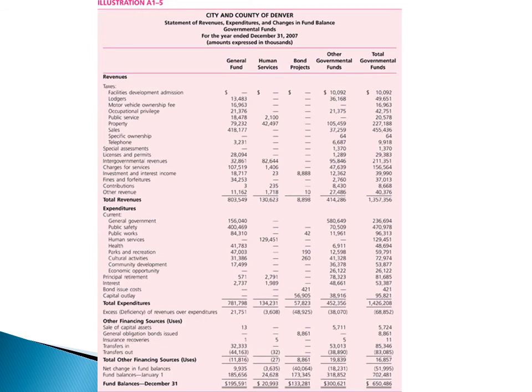Notice all the general tax revenue is going to the general fund. There are only a few categories of revenue hitting the special revenue funds and the bond projects fund. The other governmental funds, however, have several types of revenue hitting those.